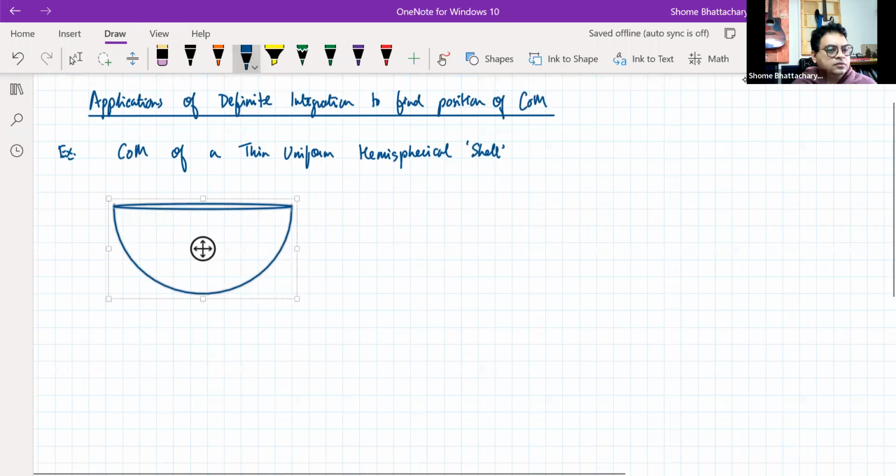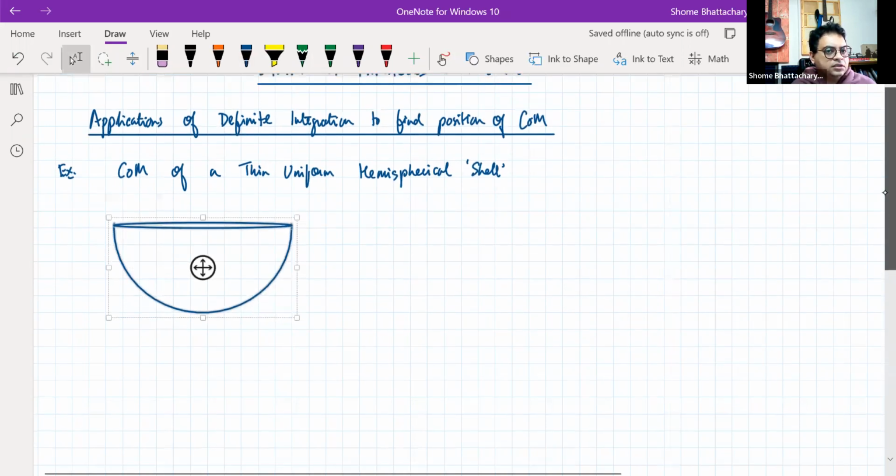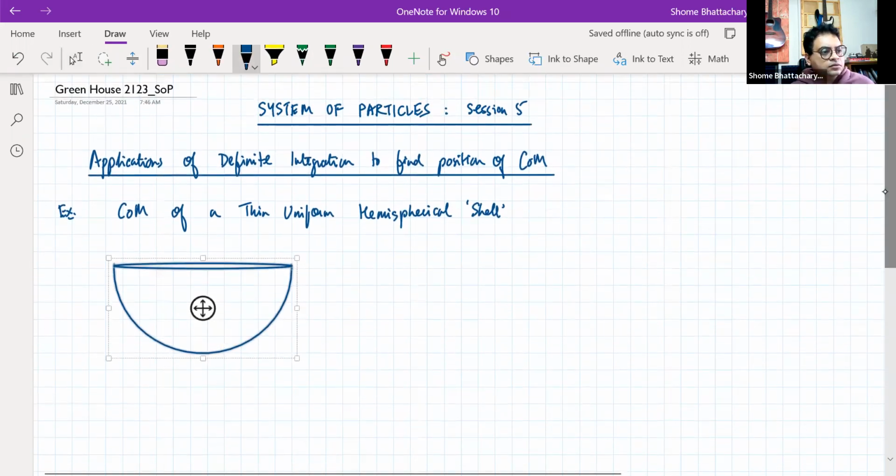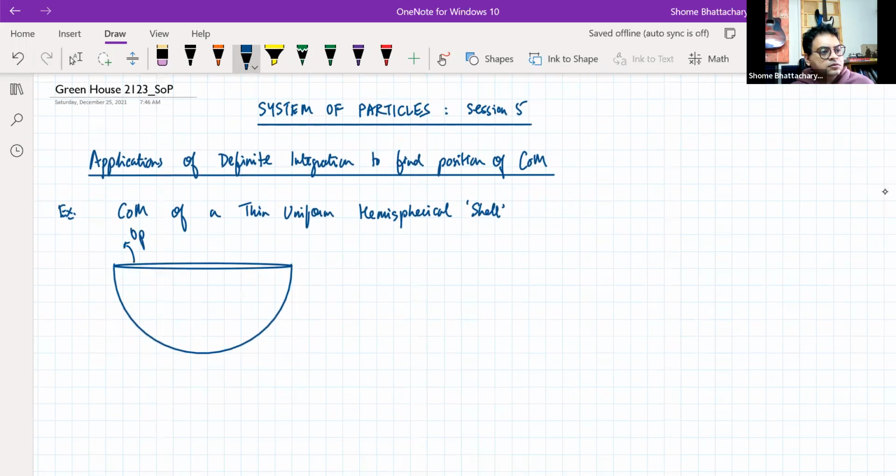So we have a hemispherical bowl like this, which is open from here.